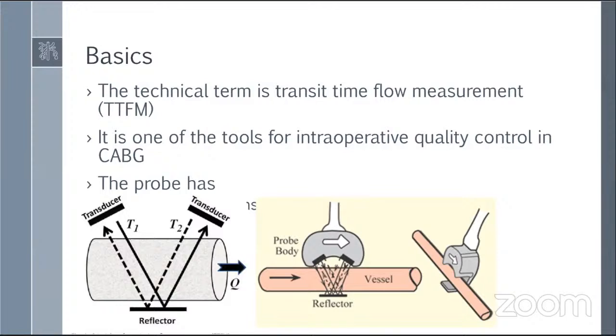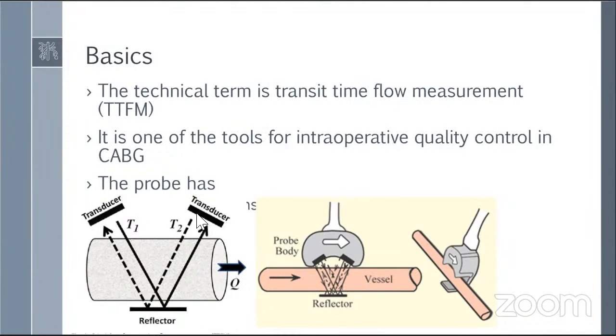And it is one of the tools for intraoperative quality control in CABG. This probe, the probe that we see in the operation, has 2 transducers and 1 reflector. We put the conduit in it, and we happen to use it in CABG for graft flow measurement.